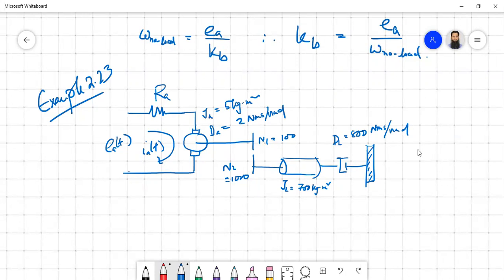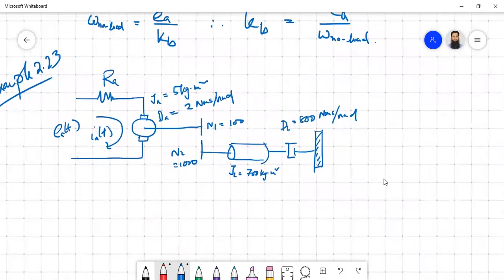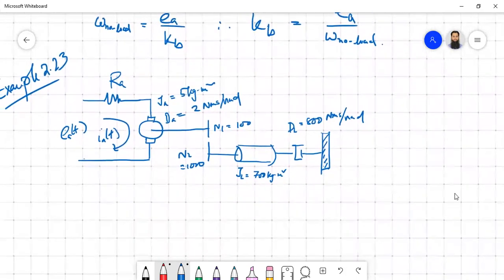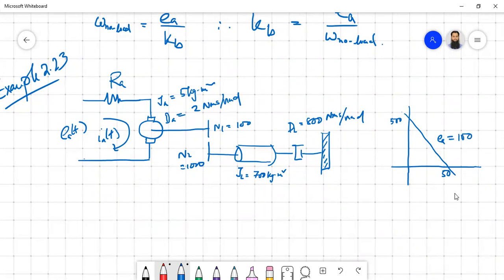The curve is also given, so your motor characteristic curve is given. You have something like this. This is 500, this is 50, and this is drawn for E equal to 100. So T stall and omega no load are already known from the curve.